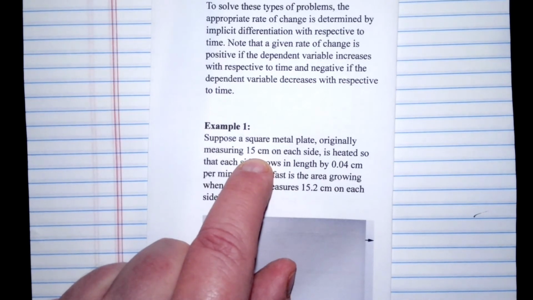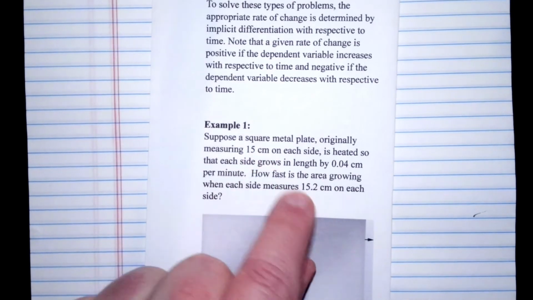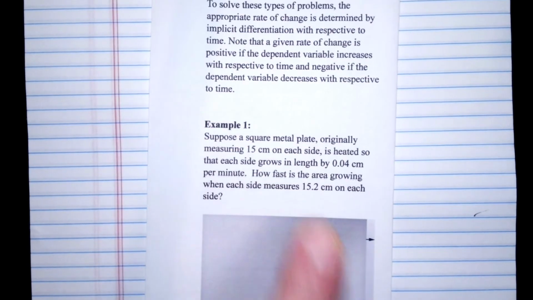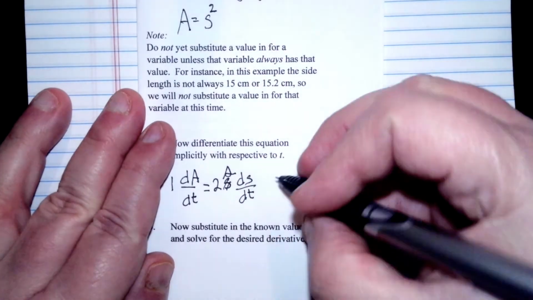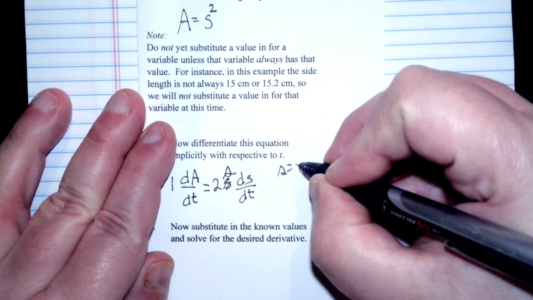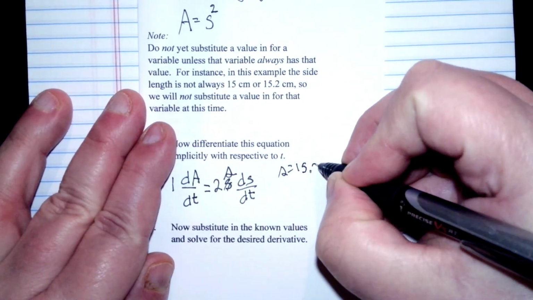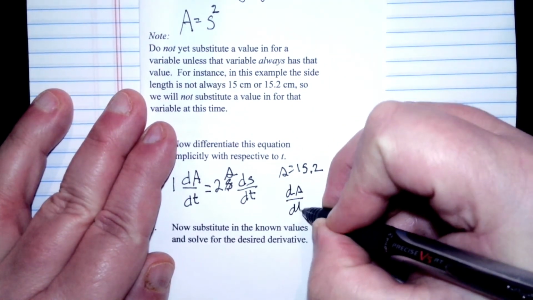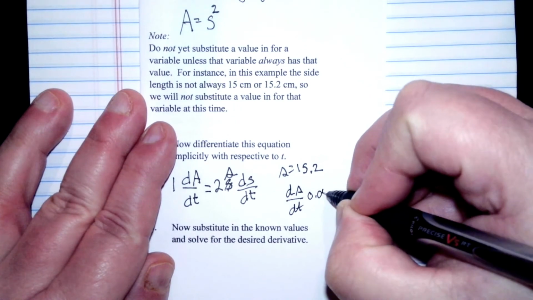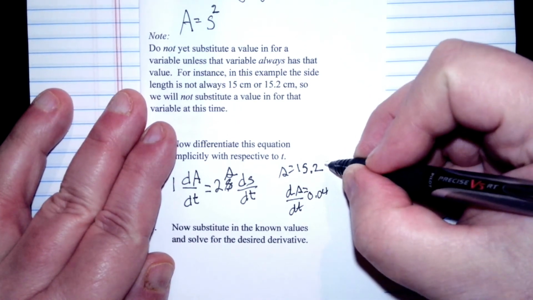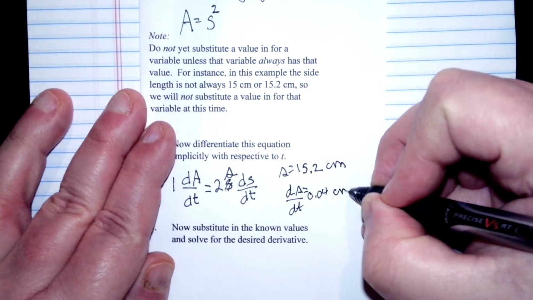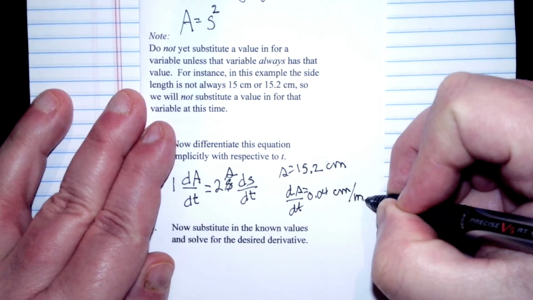What we want to know is how fast the area is changing at the point where the square measures 15.2 centimeters on a side. So in this case, S is going to be 15.2 and dS/dt is 0.04. And this is in centimeters and this is in centimeters per minute.